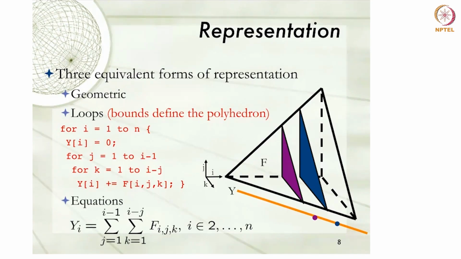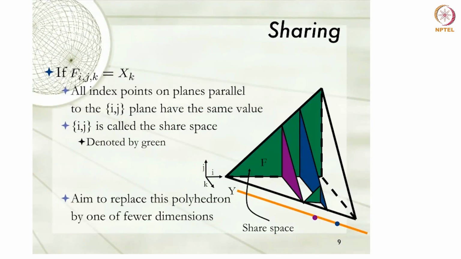What is the shape of the matrix? It's 1 by 3 because x is one-dimensional, the loop body is three-dimensional, the data space is one-dimensional, the iteration space is three-dimensional. So I'm going to map a three-dimensional point to a one-dimensional point.